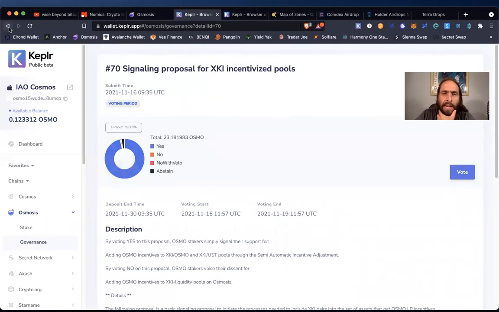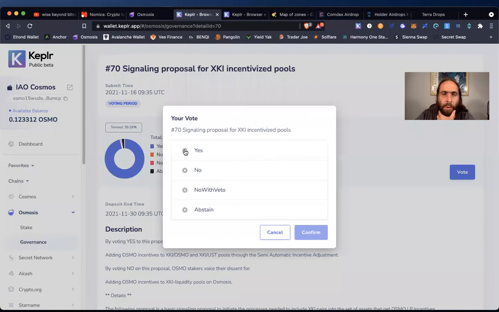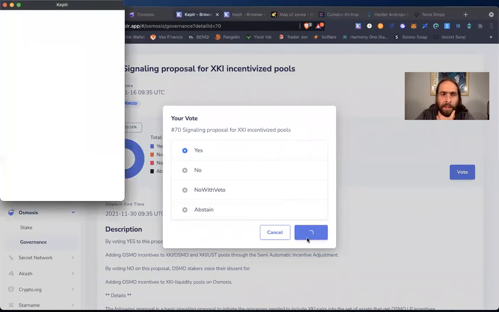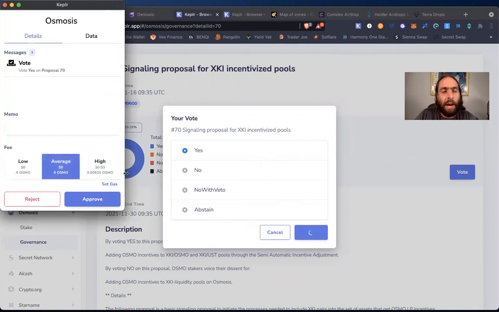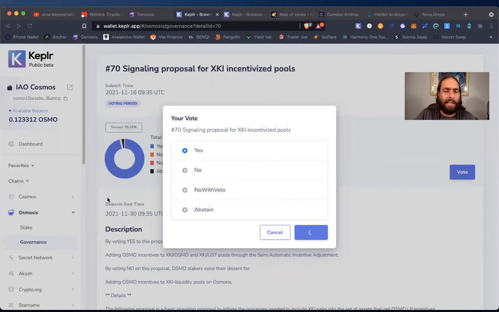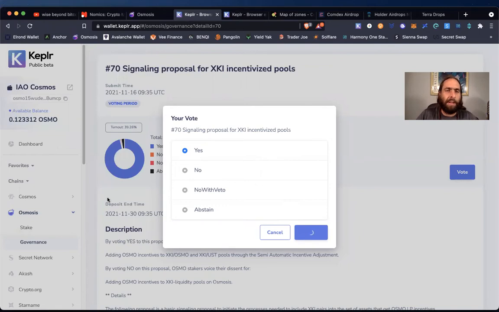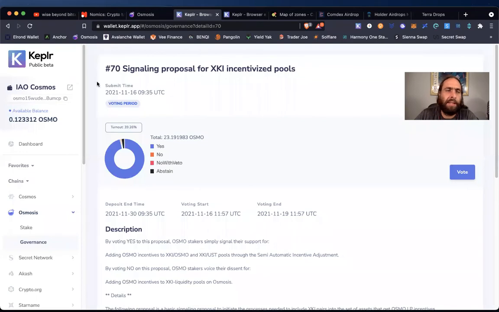So I am going to go ahead and vote on this to support the proposal. I just wanted to show you how easy it is to DYOR, do your own research. And that's another thing that I love about the IBC, Keplr, the IBC, Osmosis, and these protocols, how clean, how efficient, how transparent, how easy the user interface is.